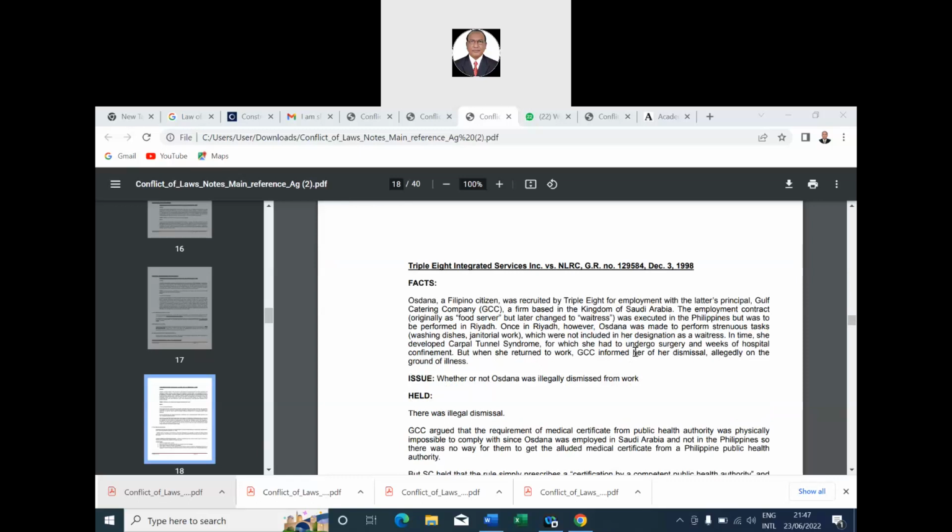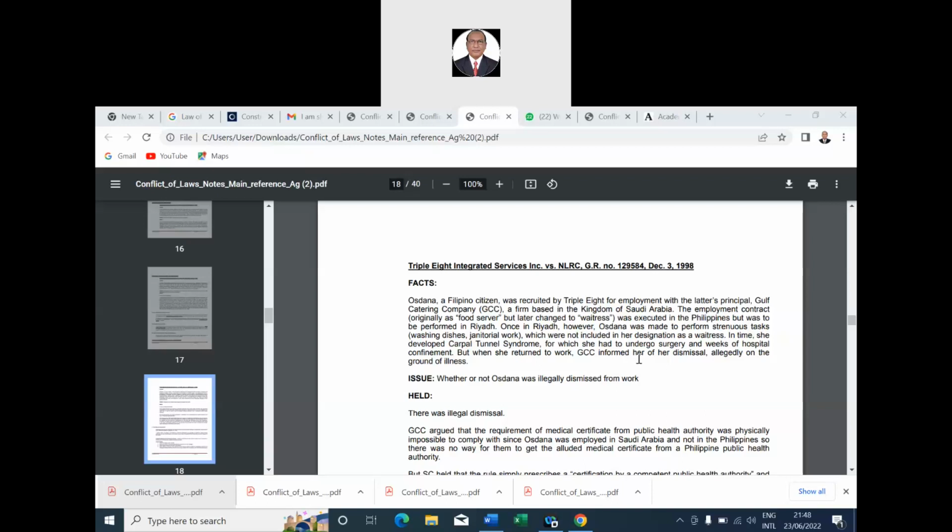The employment contract, originally as a food server but later changed to waitress, was executed in the Philippines but was to be performed in Riyadh. Once in Riyadh, however, Osdana was made to perform strenuous tasks, washing dishes and janitorial work, which were not included in her designation because she is a waitress and food server.